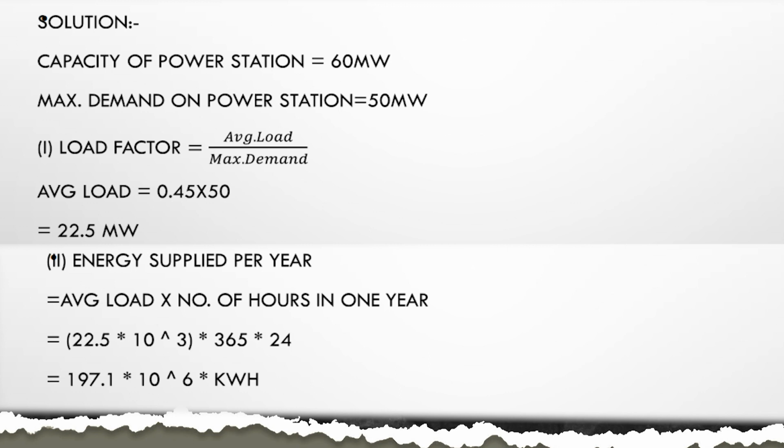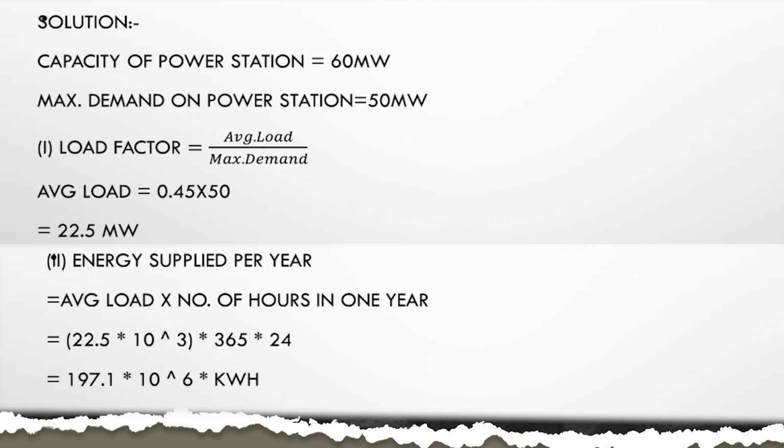By using this equation we calculate the average load, that is, average load equal to load factor, 0.45, into maximum demand, that means the annual peak load of 50 megawatts. The average load is 50 into 0.45, and that value is 22.5 megawatts. This is the answer to the first question.